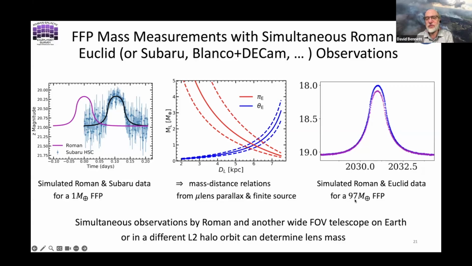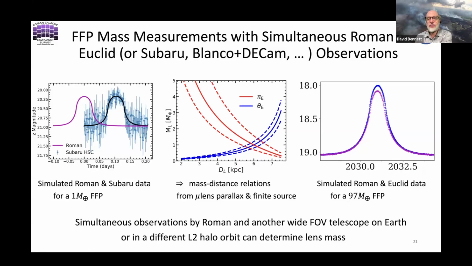This planet is 100 times more massive, and this is Roman and Euclid, which have a smaller separation. But the separation can be 20 or 30% of the Earth to L2 separation.